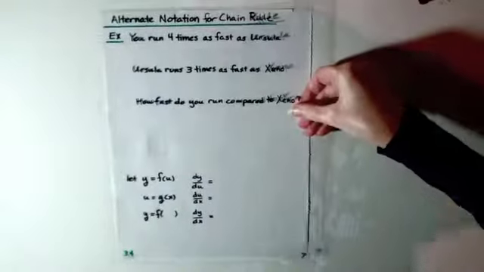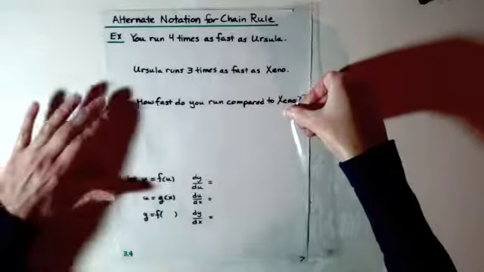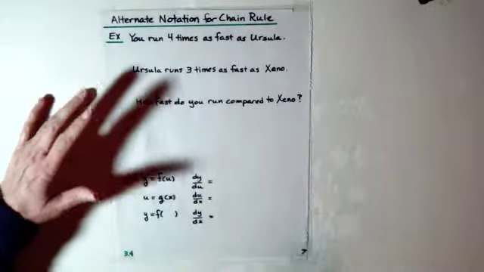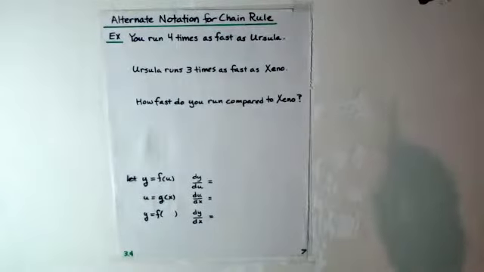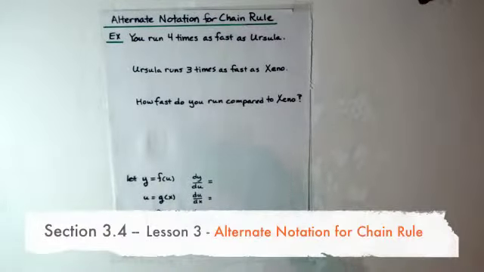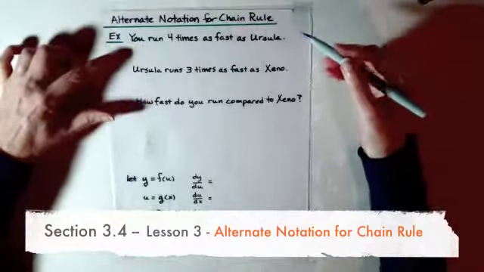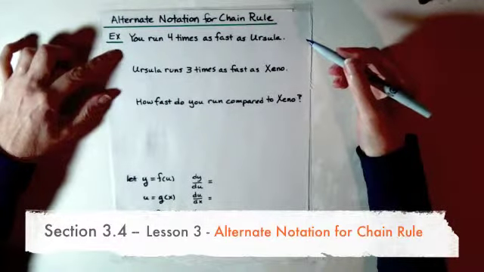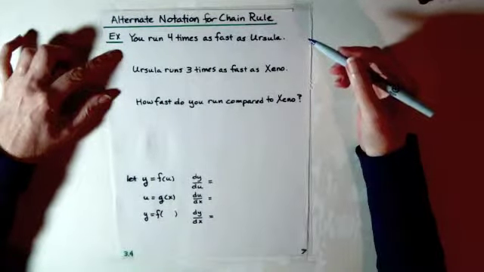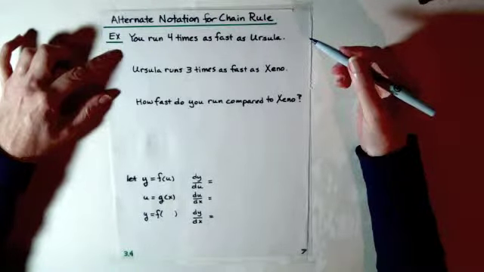Okay, so let's go ahead now and look at this alternate notation for the chain rule. To do this, I'm going to have you do a little thought example, and that will help us to understand this alternate way of writing the chain rule, and it'll also give us an idea for why the chain rule is true.